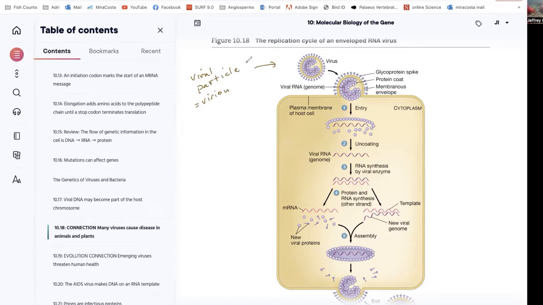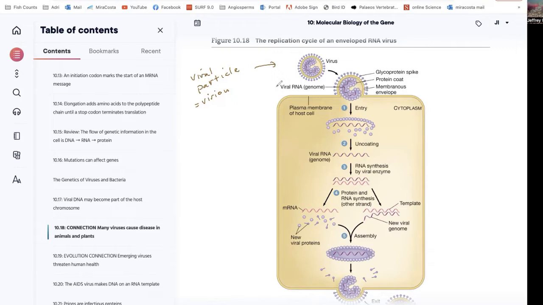Once the viral particles get into your cells, they will start releasing viral particles of the same type, and they will go off and infect other cells in your body. So you've got infection from a different host into your cells, and infection from your cells to other cells in your body.